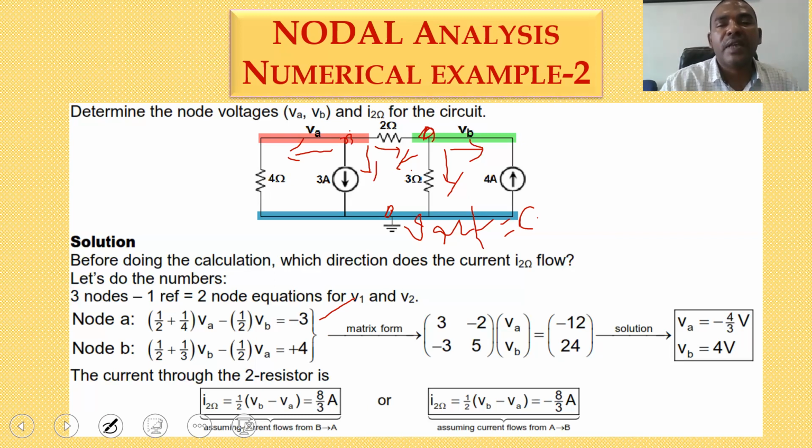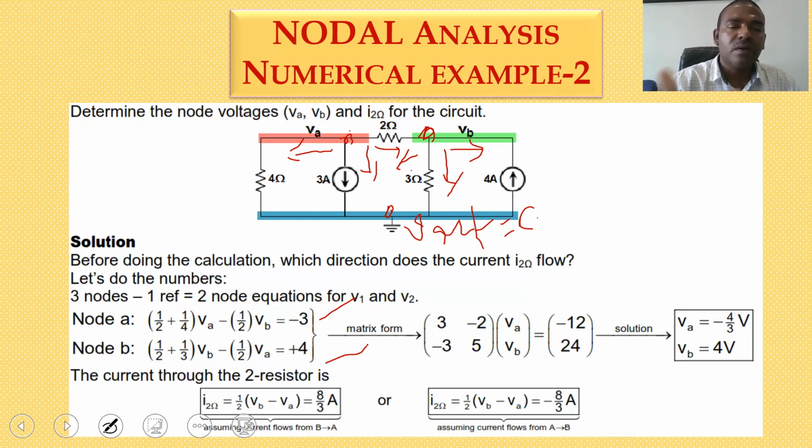Coming to the second node B: (VB minus VA) by 2, plus (VB minus V reference) by 3, minus 4 is equal to 0. After simplification, you are getting (1 by 2 plus 1 by 3) into VB minus 1 by 2 into VA is equal to 4.